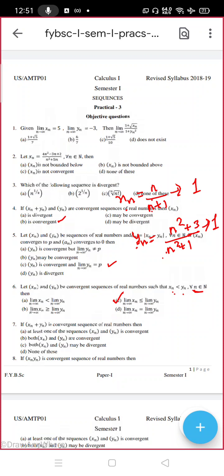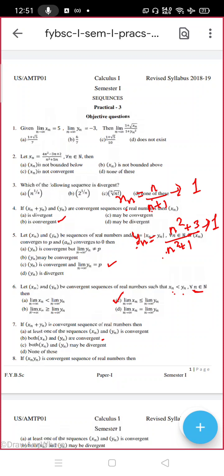Come on, fast. B, whether both x and y... I think you were not present in my lecture. After doing the proof, I asked about this, can I go converse? Then I gave you some counter example.